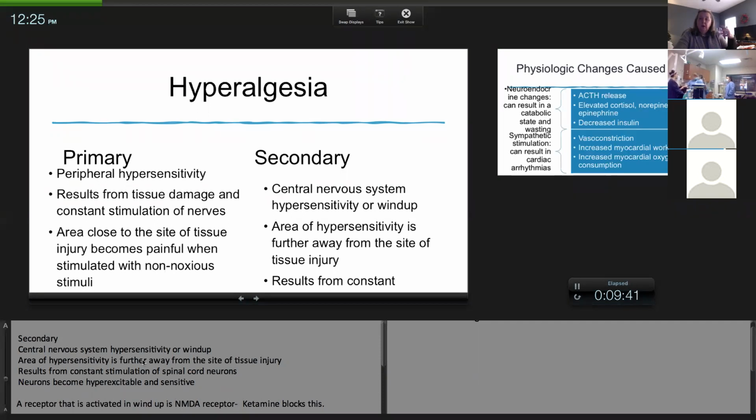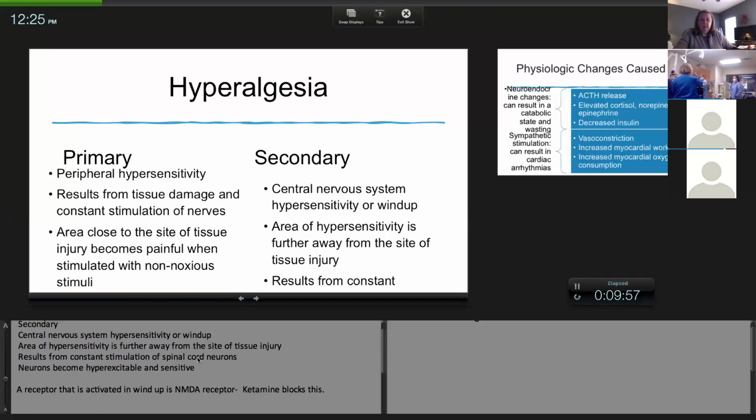But if a dog is sensitive in that area, what I'm doing is not painful, but they're in a hyperalgesic state. If you continue to not treat the pain, it goes to a secondary type of hypersensitivity. This is what we talk about as wind up, wind up pain. Now, you could touch a dog on its head, maybe the leg was injured.